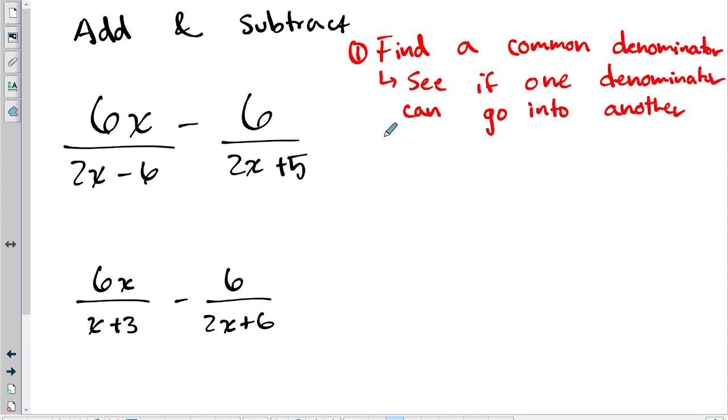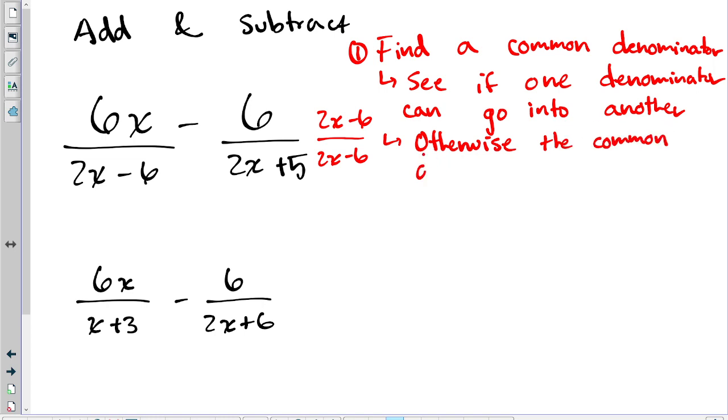But in the ones on the tests, otherwise we have to just multiply the denominators together. But the only way to do that is to multiply each fraction by the other denominator over itself. Okay. So otherwise, the common denominator is the two denominators multiplied.